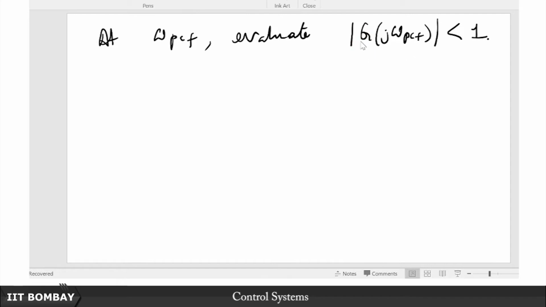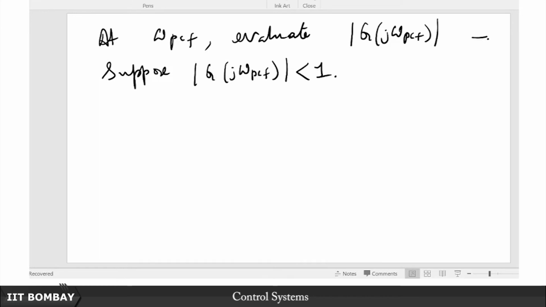So let me write this in a more organized way. Now suppose this |G(jω_PCF)| is less than 1, that is what we are now trying to study. So the question is, what does this imply?